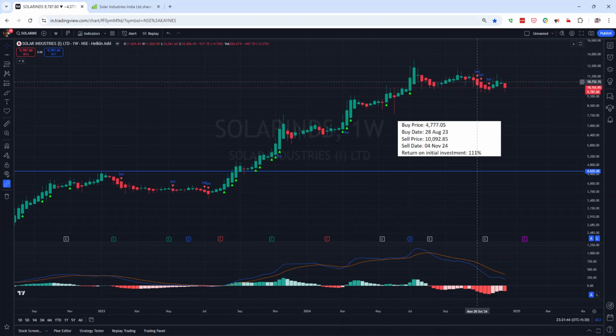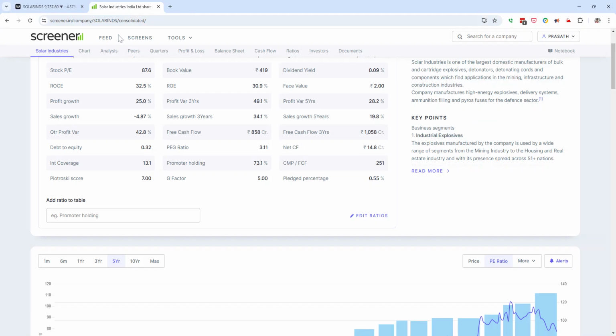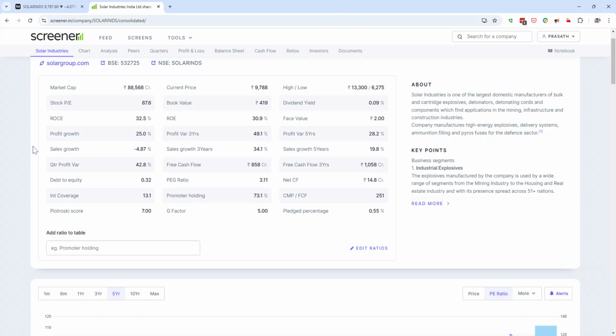At this point of time, since a strong sell shows up here, I don't have to go into the fundamentals, but for the sake of the demo, I will show you what the fundamentals of this company look like now. You can see the market cap is 88,000 crores. PE is on a little higher side.